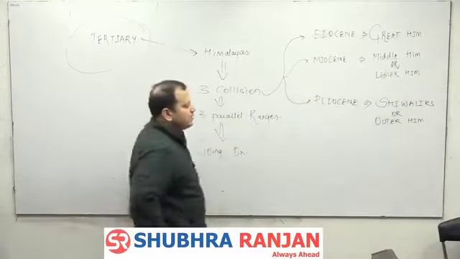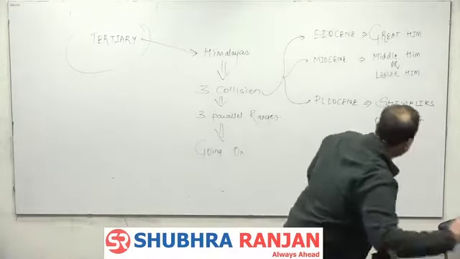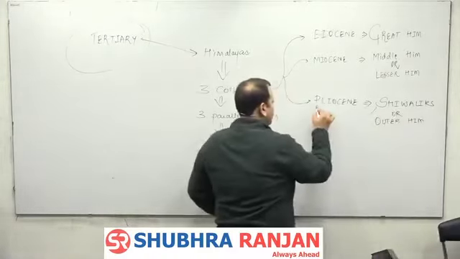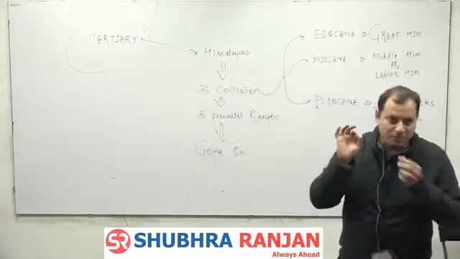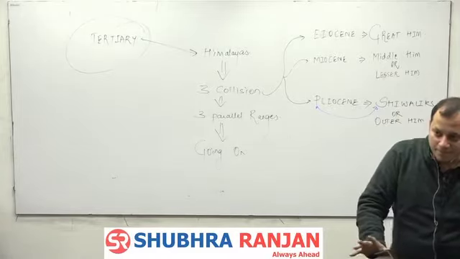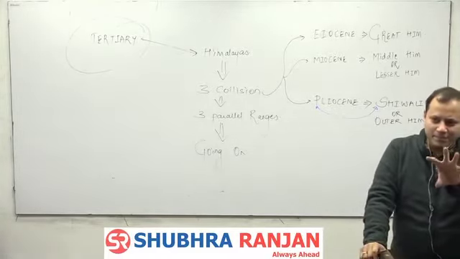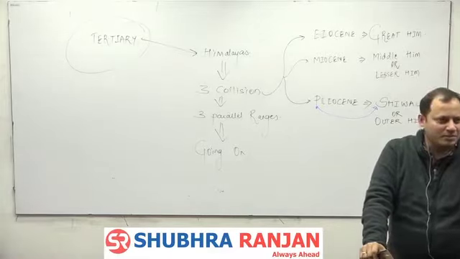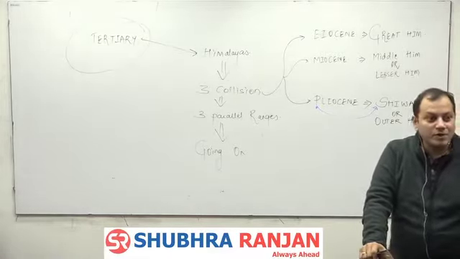You can just remember SP. Don't worry about the spellings, because these are only prelims topics. So SP: Shivaliks, Pliocene. MM: Middle Himalayas, Miocene. What remains? Eocene. Okay, questions will not be very direct.